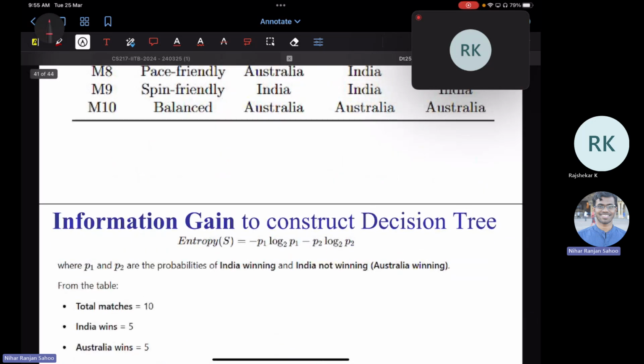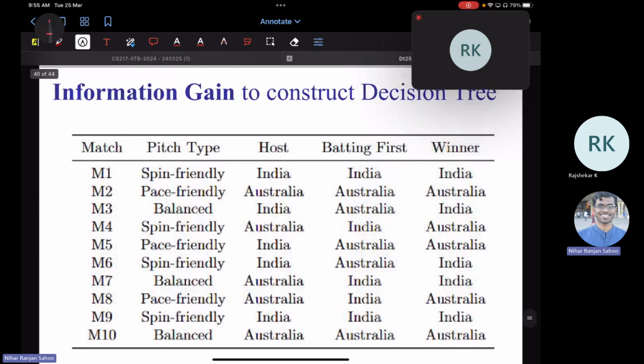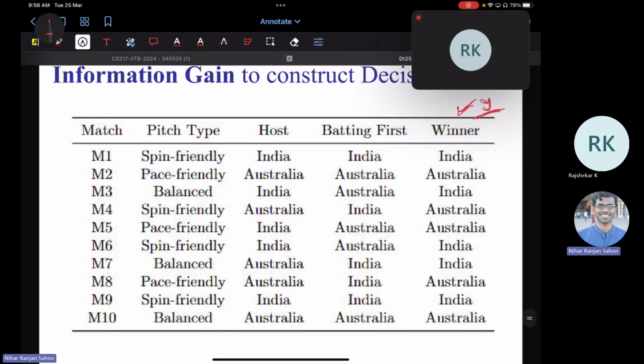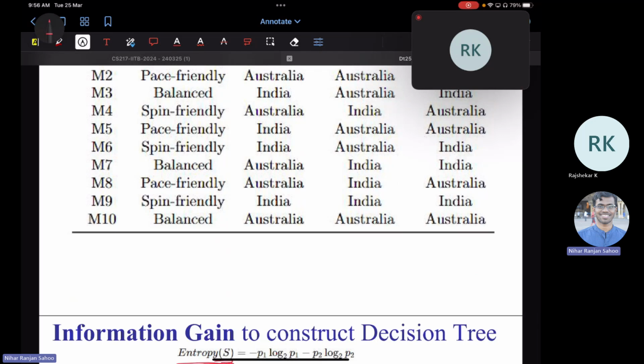So what we have to do initially is compute the entropy of the y level, right? So this is our y level. You have to compute the entropy of that. When I say y level, our original task, if you remember, is to check the probability that India wins the next match.